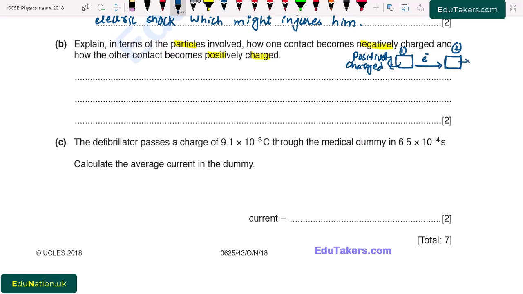While contact 2 that receives the electrons has a large number of electrons, so it becomes negatively charged. So we can simply write that electrons move from one contact into another.